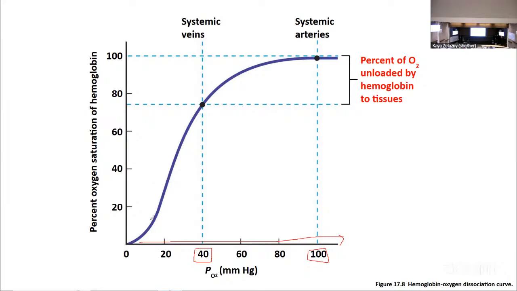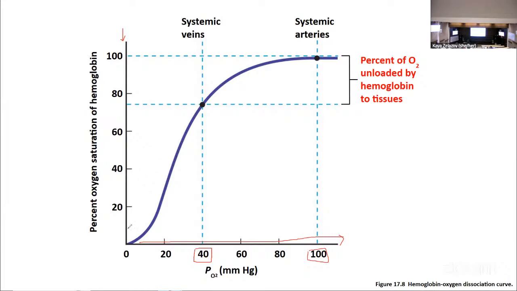But there does exist a relationship between how saturated you would expect hemoglobin to be at any given partial pressure. So that's our oxygen saturation here, meaning what percent of those hemoglobin slots are filled.